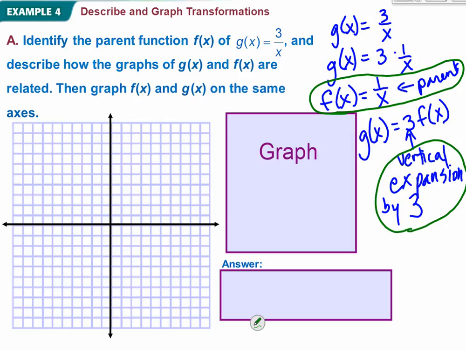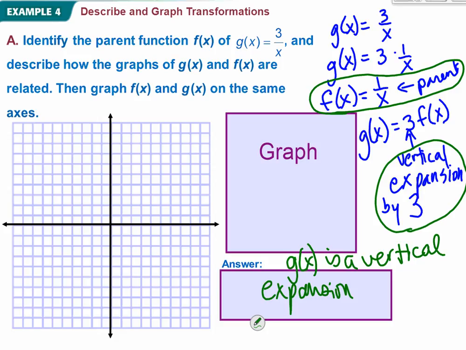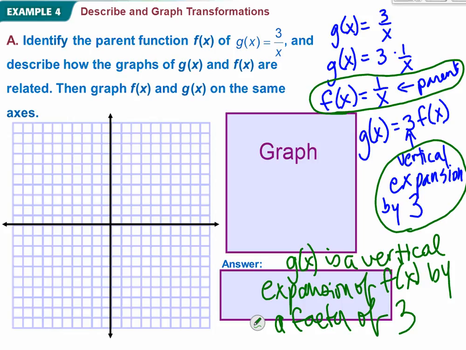So if I wanted to write it out, g of x is a vertical expansion of f of x by a factor of 3. And then we want to graph f of x and g of x on the same coordinate axis.